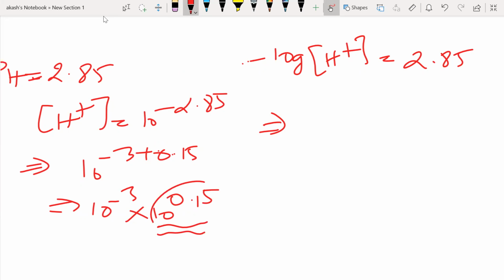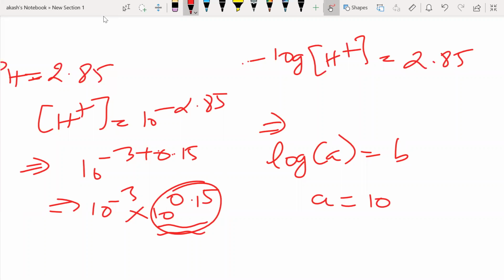Hope you understand. Log of something A is some B, right? So how will I write it? A is 10 to the power B. This is how the log works, right? So this 10 to the power B is what is called the anti-log.